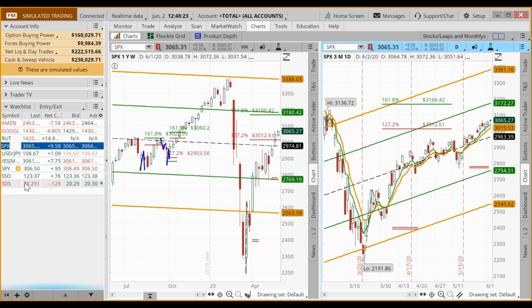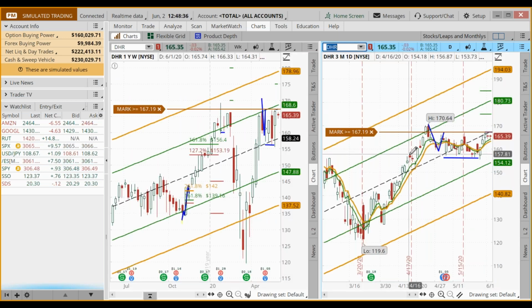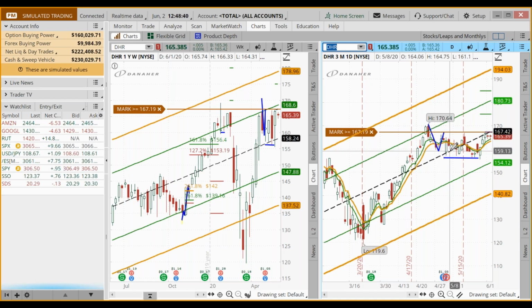However, I did when we were looking at DHR. I did show you that. Let me go back there and take a peek. Right back here it made a measured move, and I didn't get in basically, Tricia, because within the first hour this baby was trading way up here.